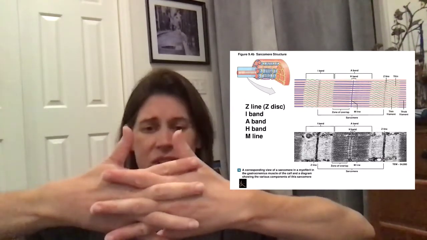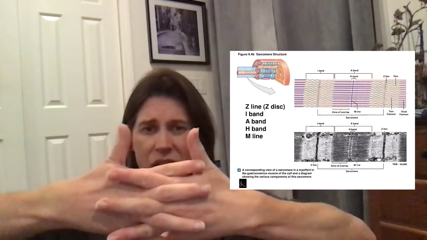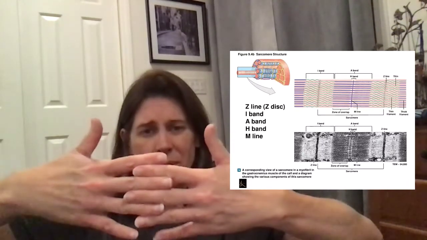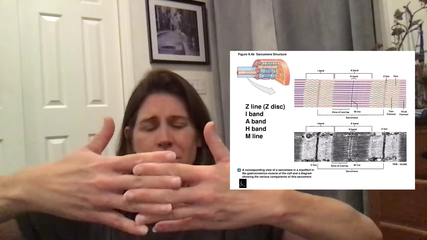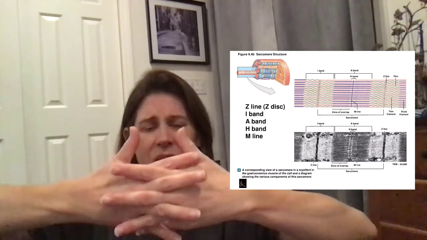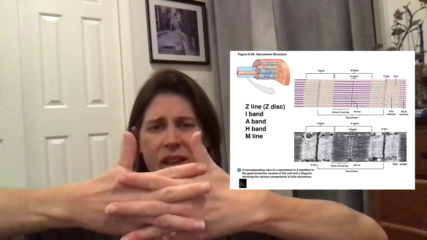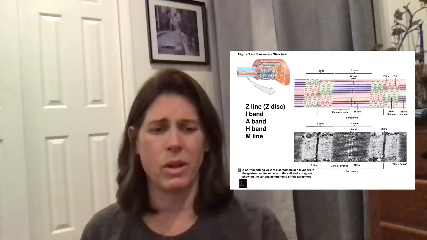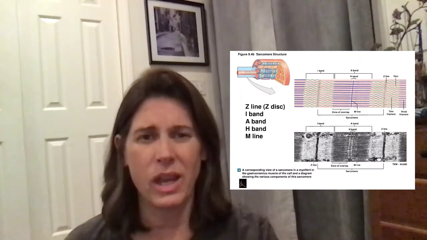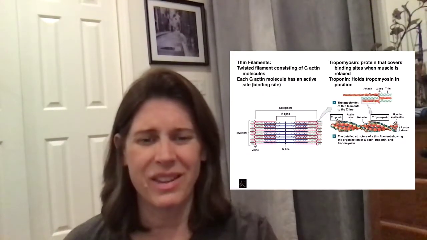But my fingers didn't shorten, they didn't change length. Okay? That's the same thing that happens with actin and myosin. Myosin is going to pull on actin toward the center. The length of actin and myosin will stay the same, but the Z discs will come closer together. Okay, so keep that in mind as we continue through this process.